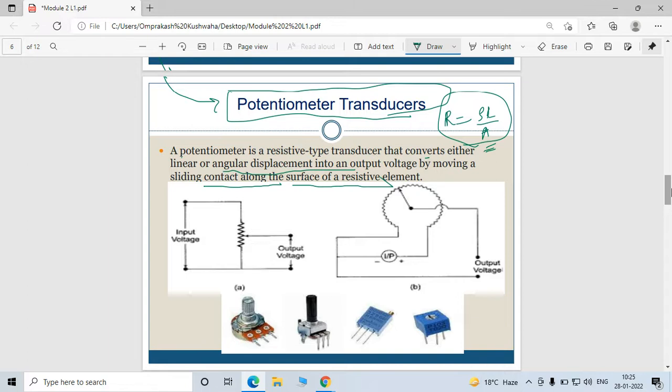In a voltmeter, a resistance is connected in series with the meter resistance, and that resistance is very high, but still a small amount of current flows through that parallel combination of resistance.